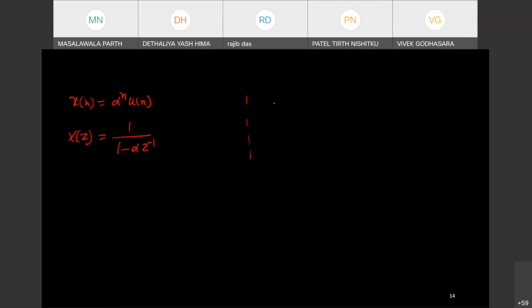Okay, and again xn equals to minus alpha to the power n and u of minus n minus 1. And for that again x of z equals to 1 minus alpha to the power minus 1. But different thing is that it's ROC.